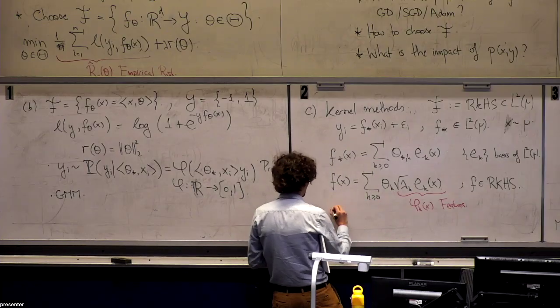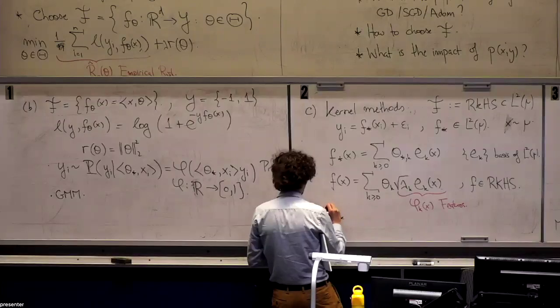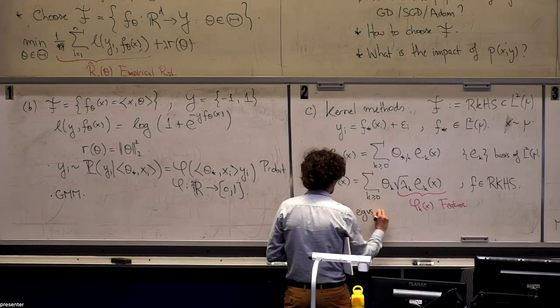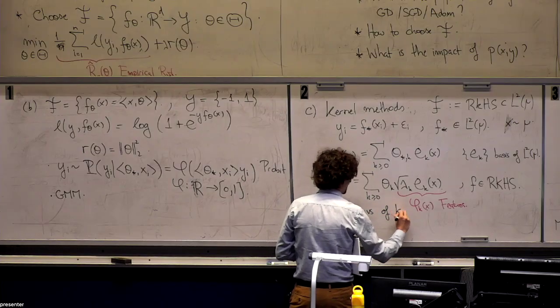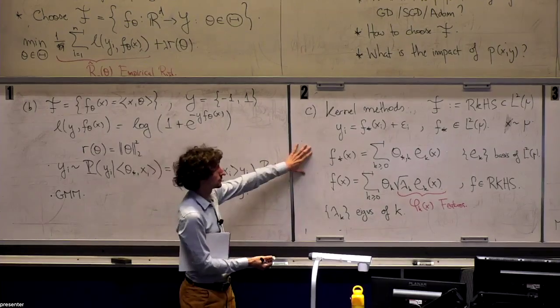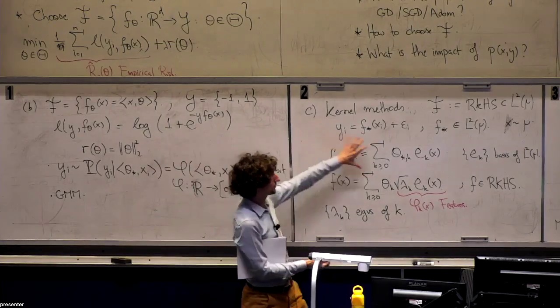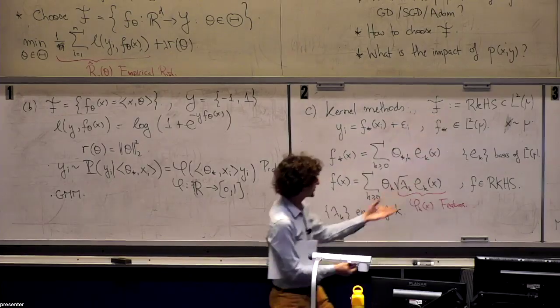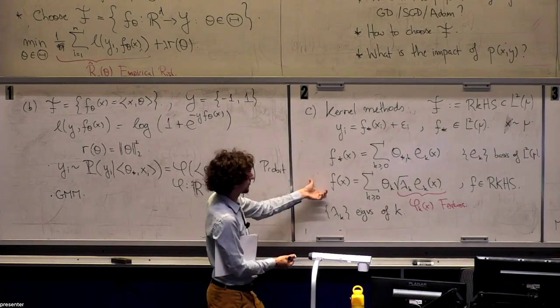So essentially, once you know this, doing non-parametric ridge regression, kernel ridge regression, is essentially doing linear regression on a Hilbert space.